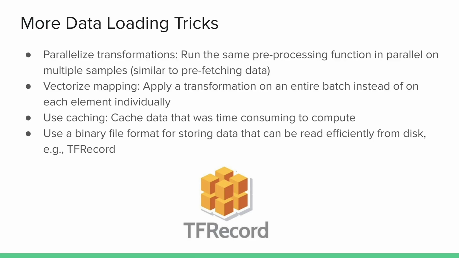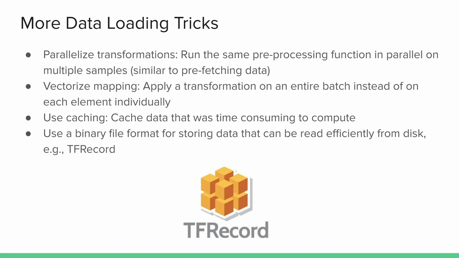If you have data that is very expensive to compute, consider caching your data, at least while you're training, so that you don't have to compute all those expensive operations over and over again. And finally, use a binary format for storing your data if you are reading from hard disks that still have mechanical components, which are slow at reading and slow with random access.